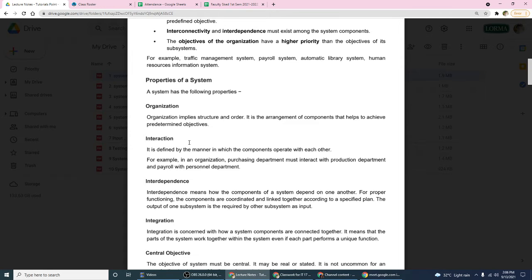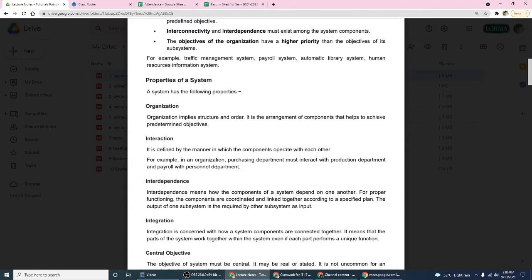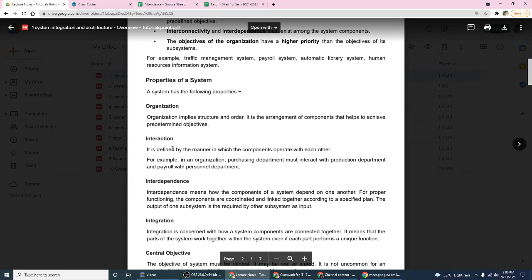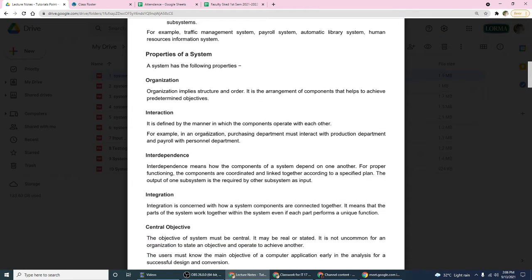It is defined by the manner in which the components operate with each other. So these are the procedures. For example, in an organization, the purchasing department must interact with the production department, and payroll with the personnel department. It is like a protocol, or the rules and regulations, or the flow of the system.